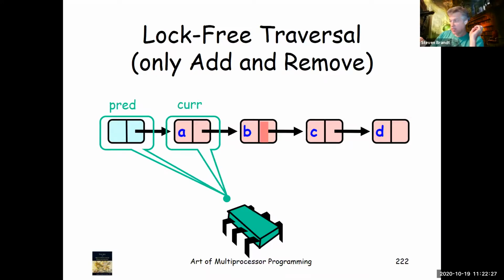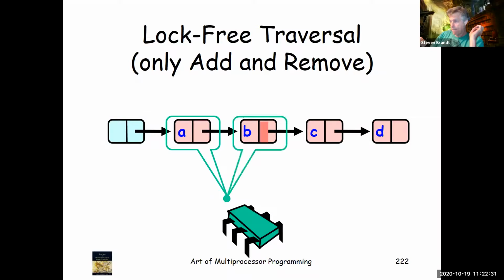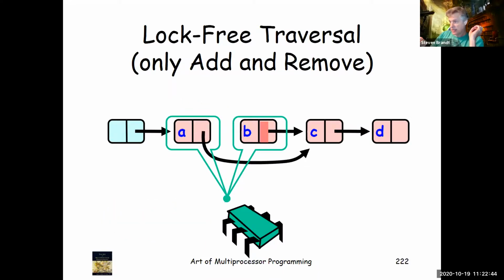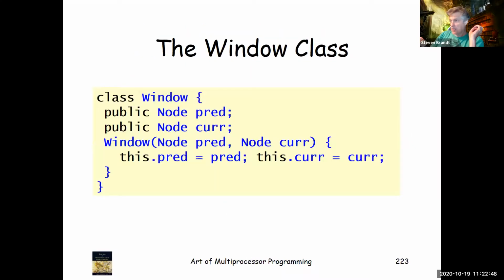We have the predecessor and the current as before. We start to iterate through the list, and then we discover that B is logically removed. And so we're going to do a compare and set to swing the pointer from A to C. And so the way we're going to implement this is as follows.